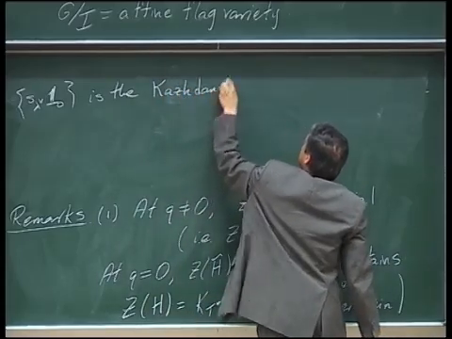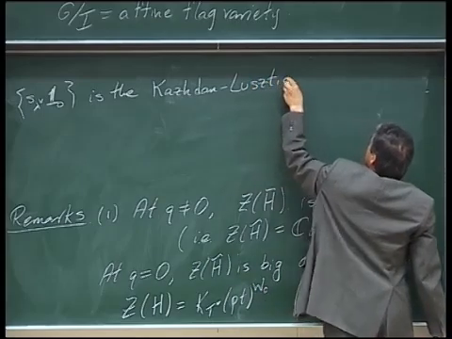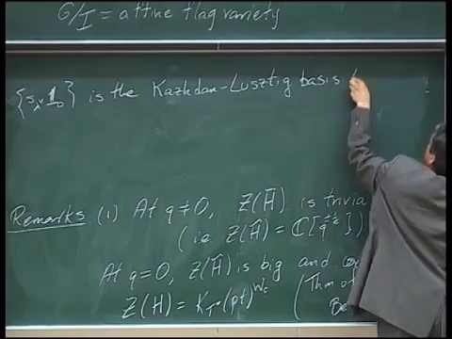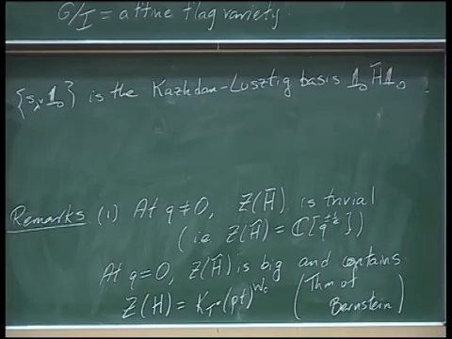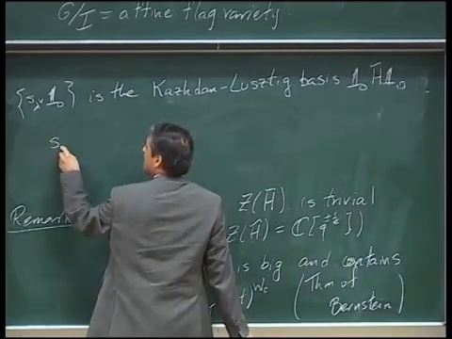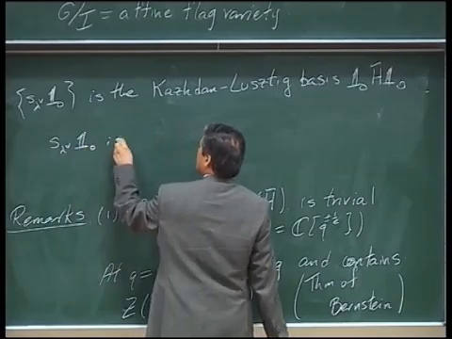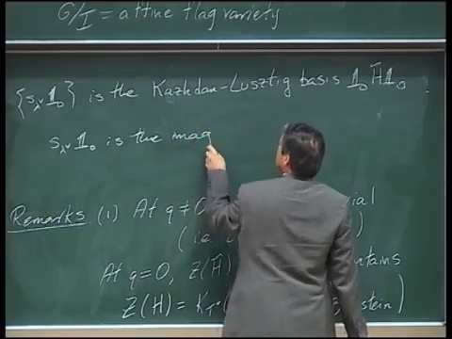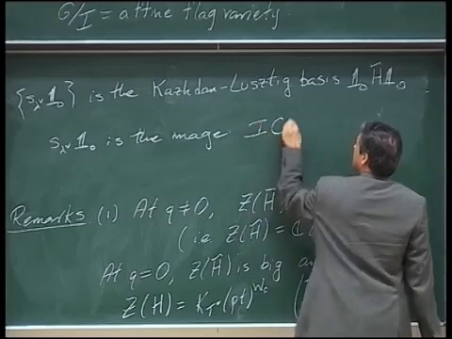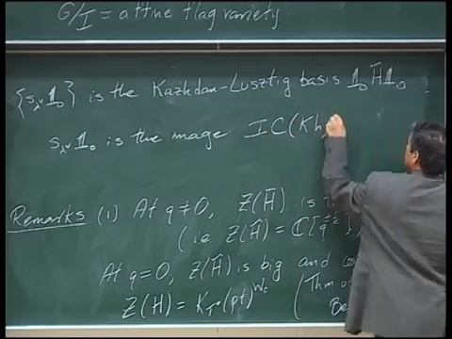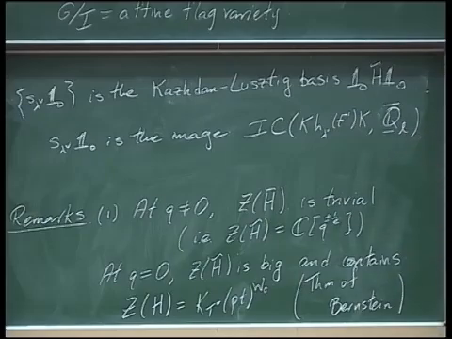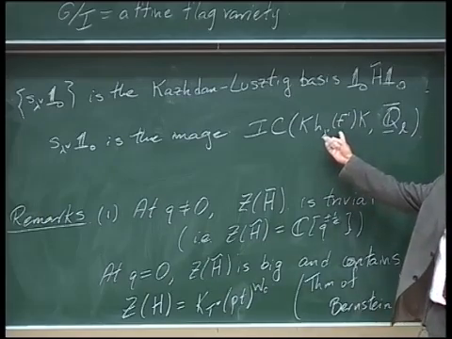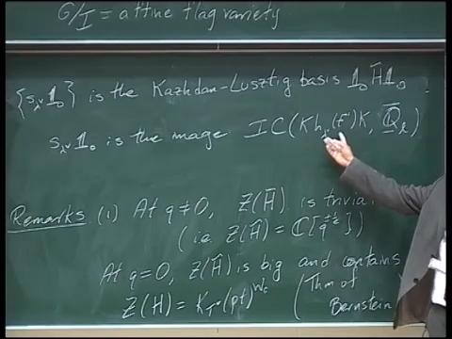So again, this is due to Lusztig. Those Weyl characters, you thought they were Weyl characters, but in fact, this thing is the image of the double coset that appeared 2 days ago in my double coset decomposition.